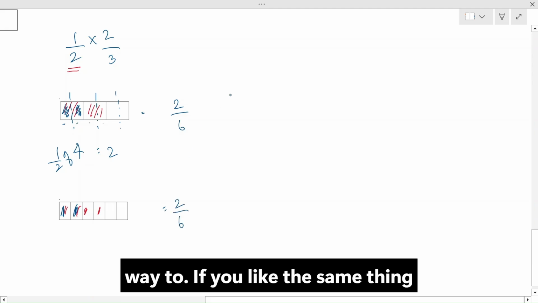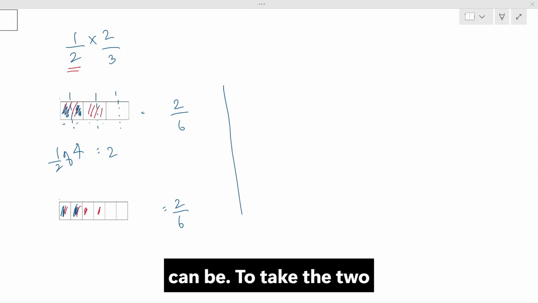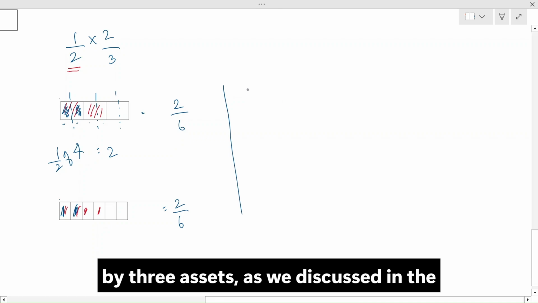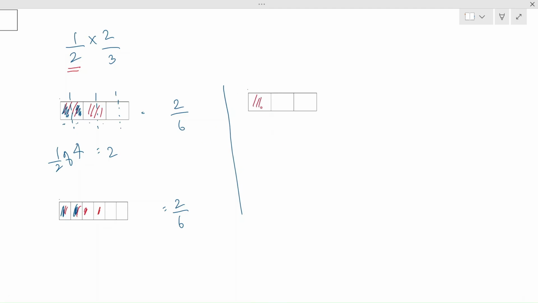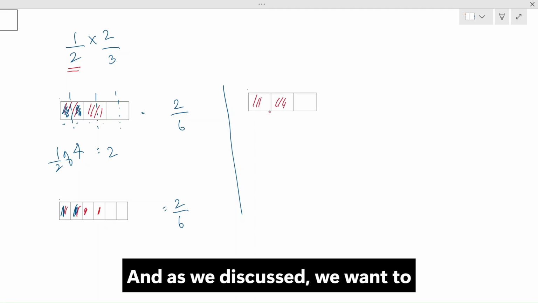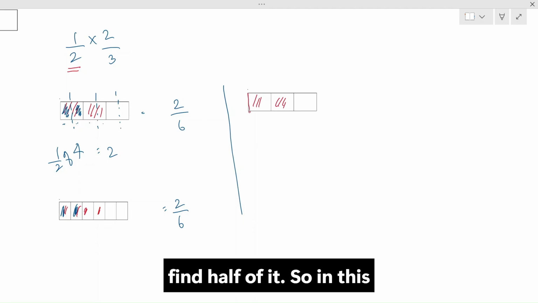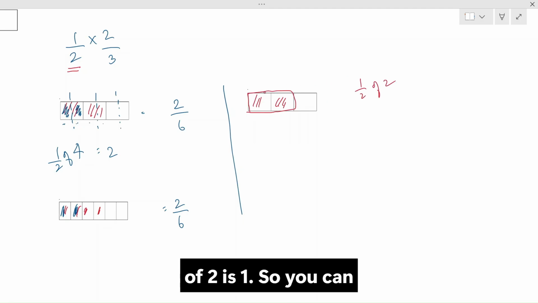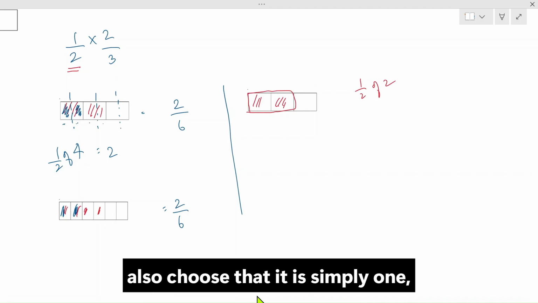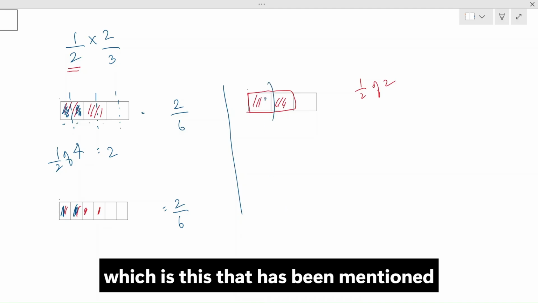So another way to visualize the same thing: take the 2 by 3 as we discussed in the first part. This is the 2 by 3, and as we discussed, we want to find half of it. So in this 2, what is half? 1. So half of 2 is 1. So you can also choose that it is simply 1, which is this that is being mentioned here.